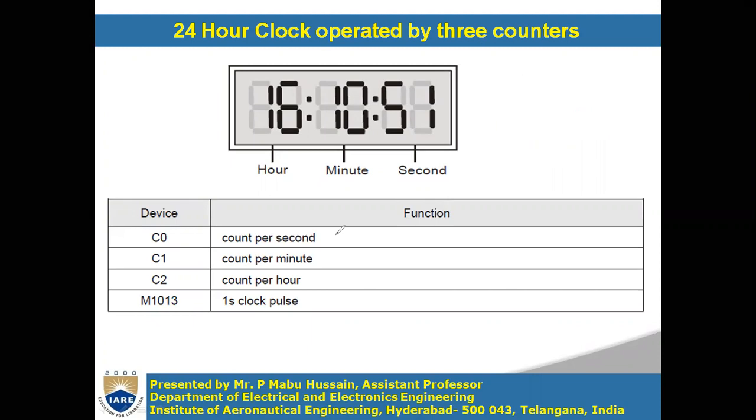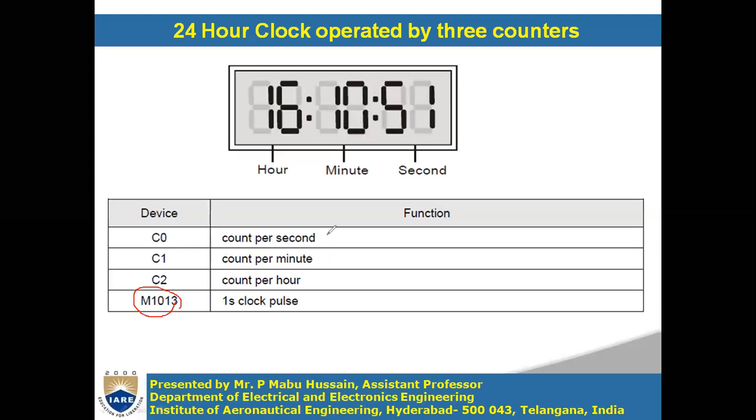To implement this 24-hour clock, which is operated by three counters, you have to use this 1 second clock pulse, which generates a pulse for each second. Whenever M1013 is on, counter C0 has to increment its value by 1 second.